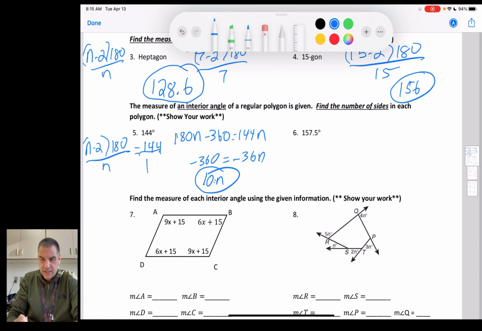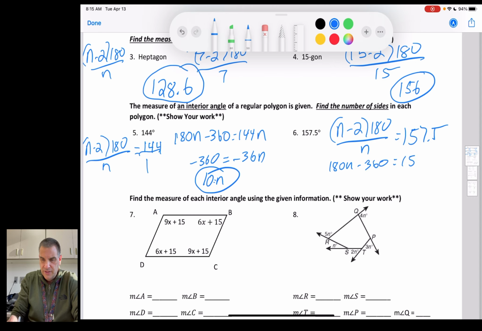Okay, for number 6, n minus 2 times 180 divided by n. This time is going to be 157.5. So 180n minus 360 equals 157.5n.